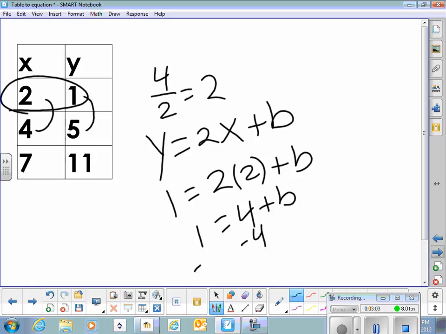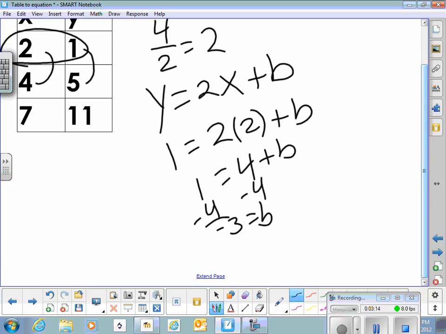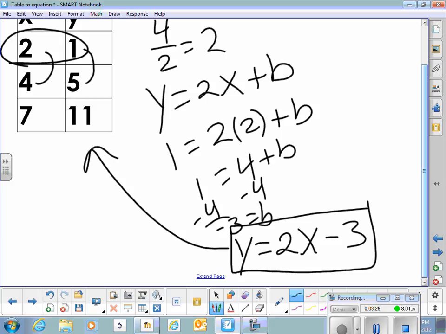To find out what that something is, let's subtract 4. 1 minus 4 is -3. So that number we were looking for is -3. So y equals 2x minus 3. That's our equation from that table of data.